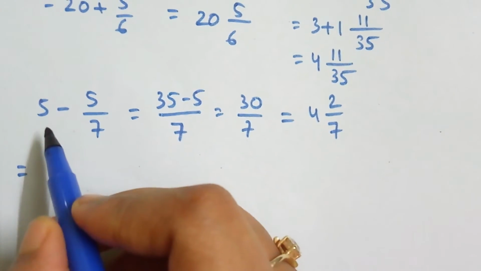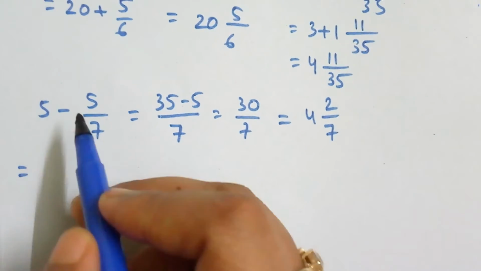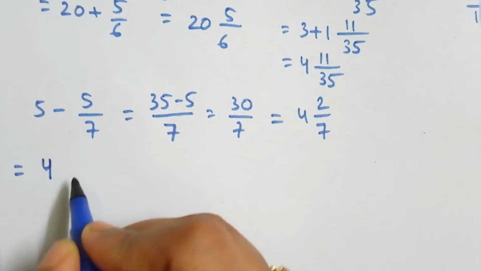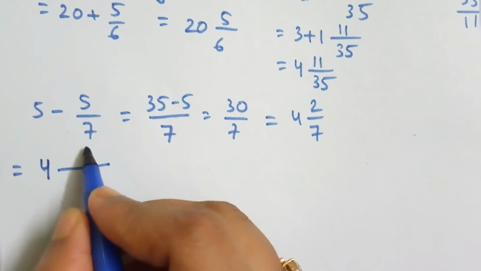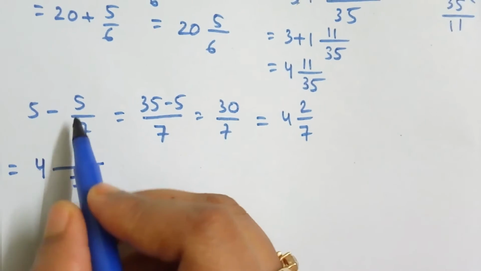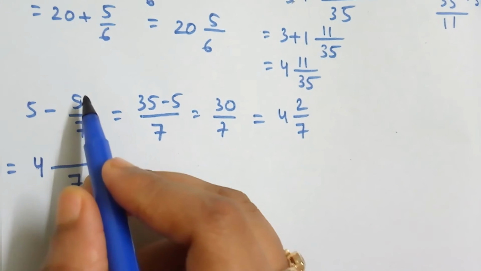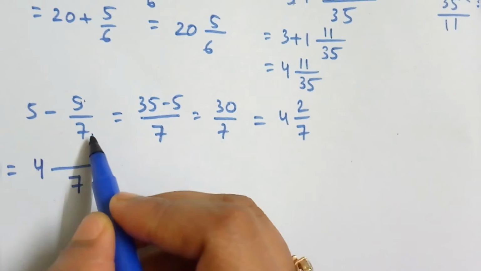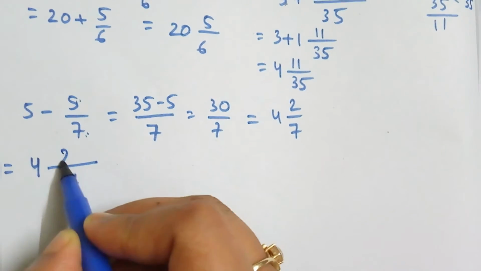The whole number will be 1 less than this number. So 5 minus 1 it will be 4, and then the denominator will be the same, here 7, and the numerator will be the difference of these two numbers, only the difference, not with sign. So the difference of 7 and 5 is 2.